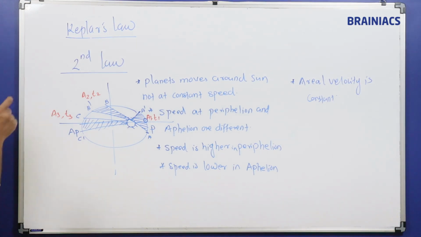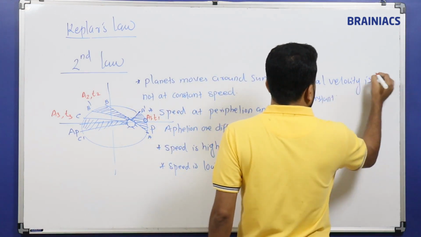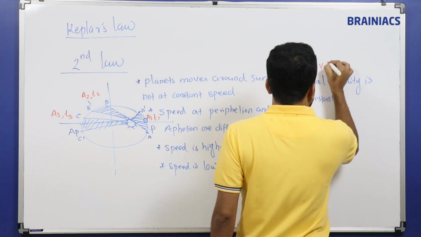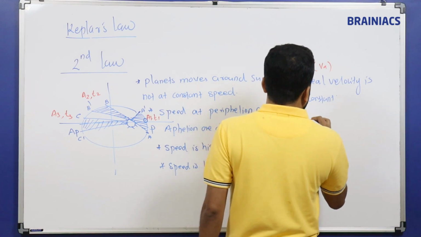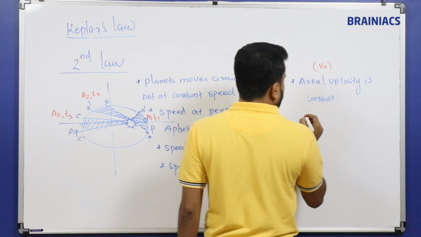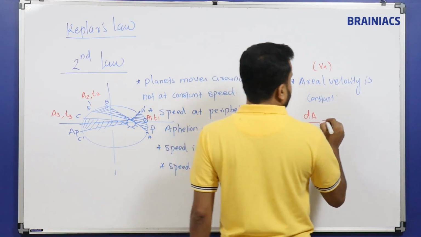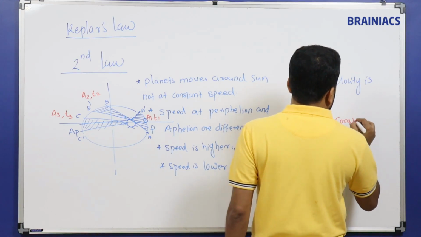But what is called aerial velocity? I am representing aerial velocity with the term VA. Aerial velocity is constant, which means dA by dt, the change of area by change of time, is constant.